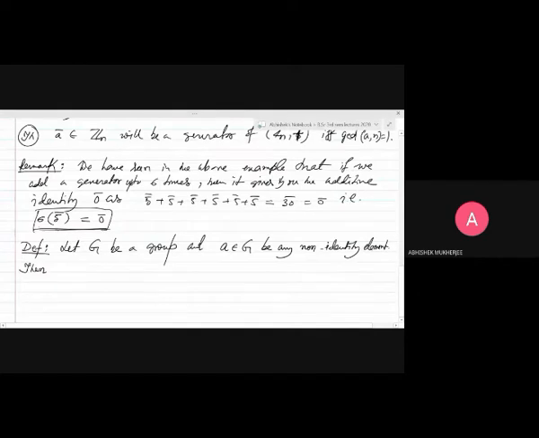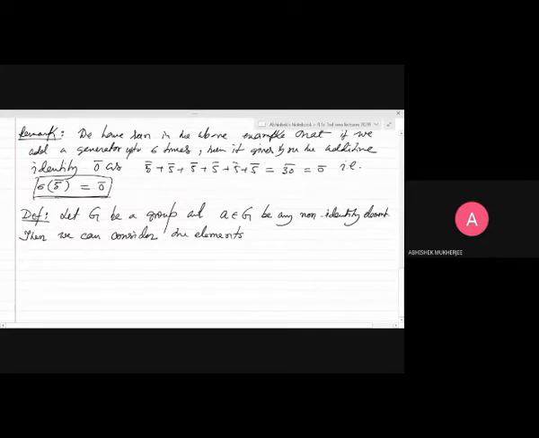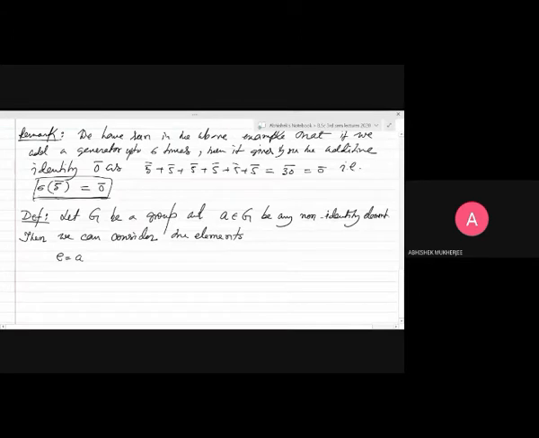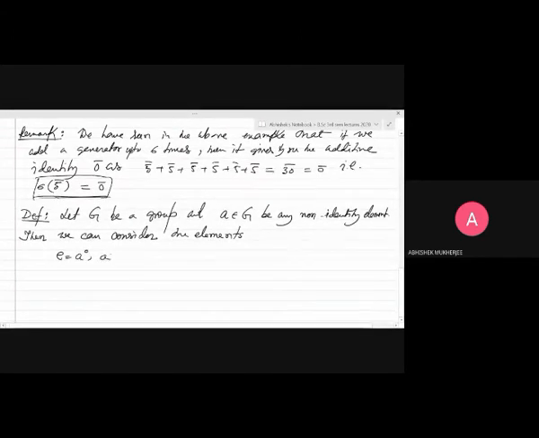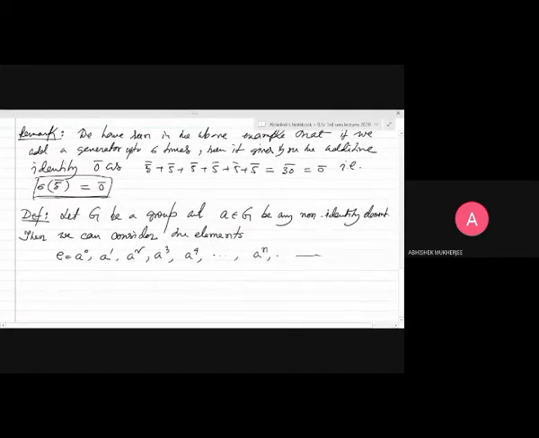Then we can consider the elements a to the power 0, which is e, a1, a square, a cube, a4, a to the power n, and so on, right?